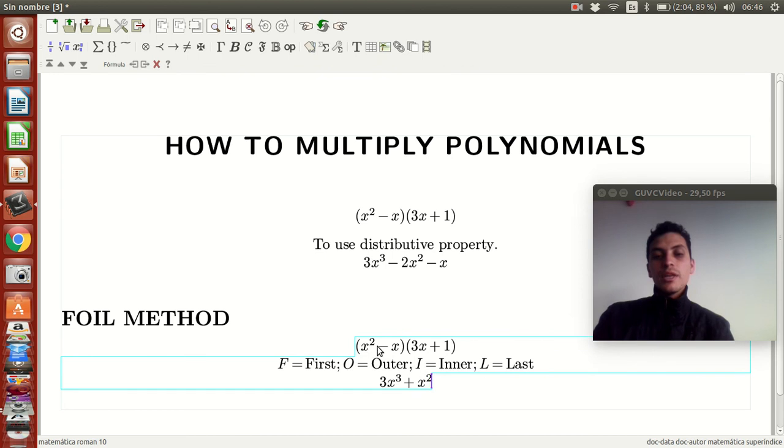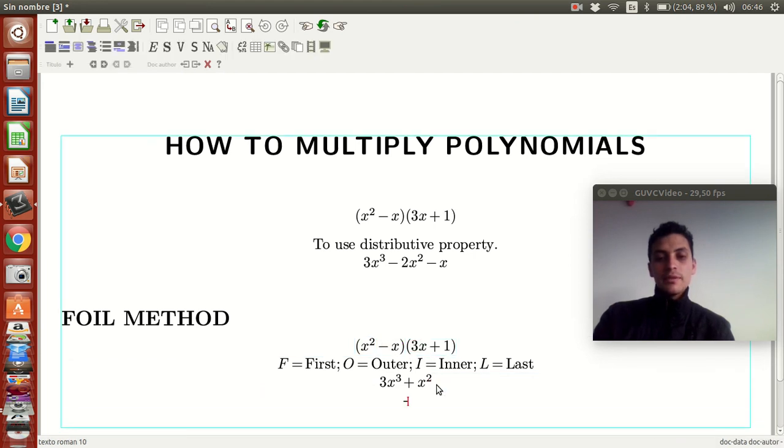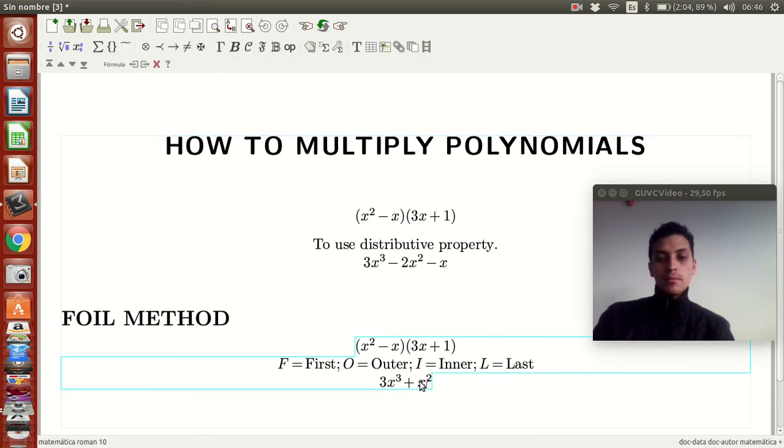I stands for inner, negative x, the inner terms, and 3x. So negative 3x squared.